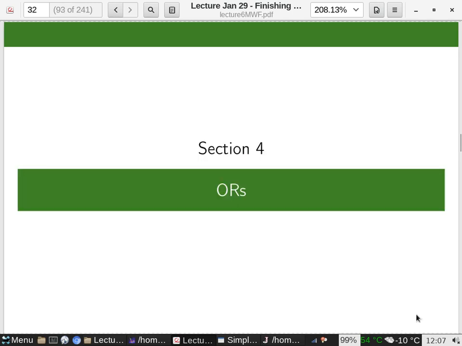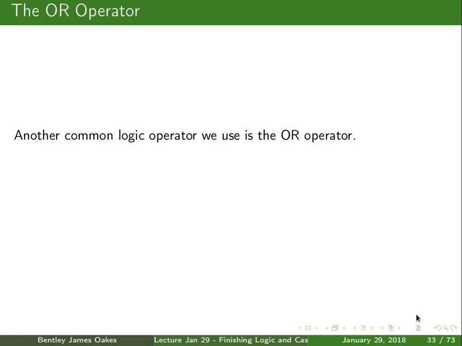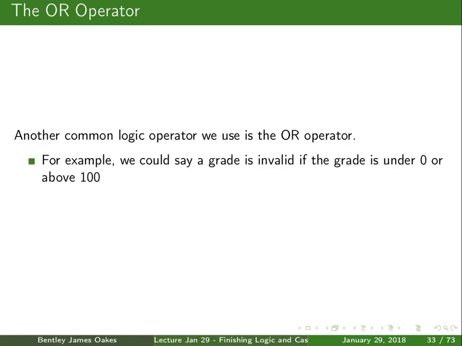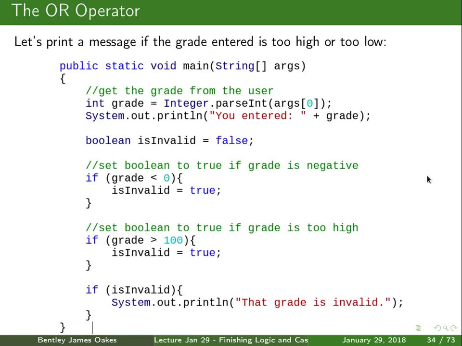Okay. So let's talk about ORs a little bit. So ORs are just like ANDs, so this will go a little bit faster. So we could say that a grade is invalid if the grade is under 0 or above 100. We want to say that grade is invalid to the user. So we could have code like this, where we take the grade as an input argument and say you entered grade.